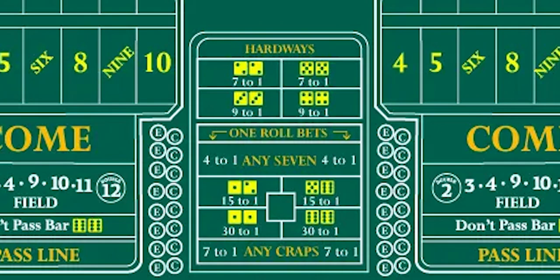A soft 8 will be considered 6-2 or 5-3. That's considered a soft. A hard 10, again, is 5-5. A soft 10 will be considered 6-4, because 6-4 equals 10. That's a soft 10, right? So, again, the way you lose on a hard way is if you roll it the soft way.